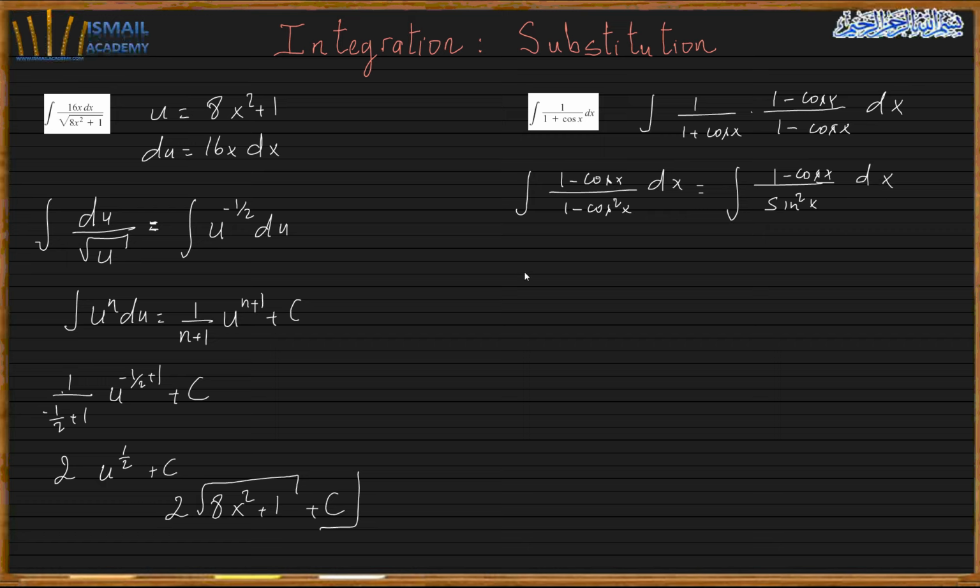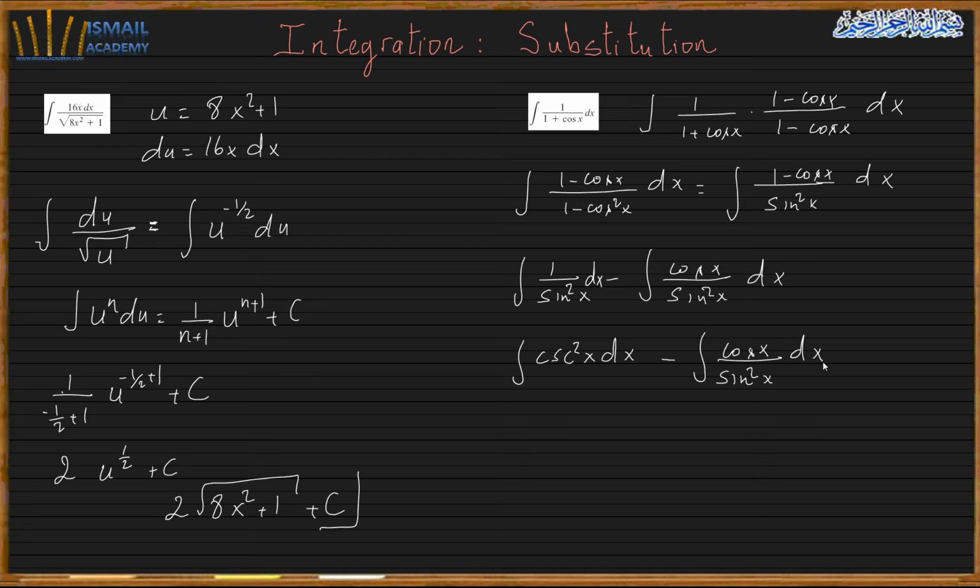Now I split the numerator, so it becomes the integral of 1 over sine square x dx minus the integral of cosine x over sine square x dx. So this is cosecant square x dx minus, and here we have cosine x over sine square x dx. As you see here, if I take the derivative of sine, it will give me cosine.